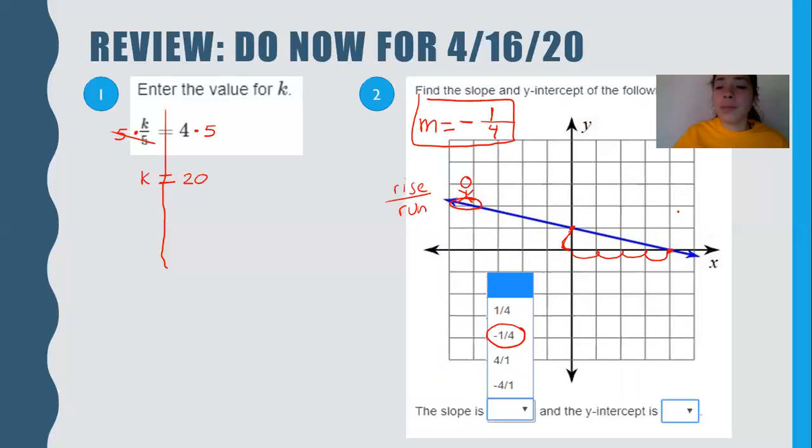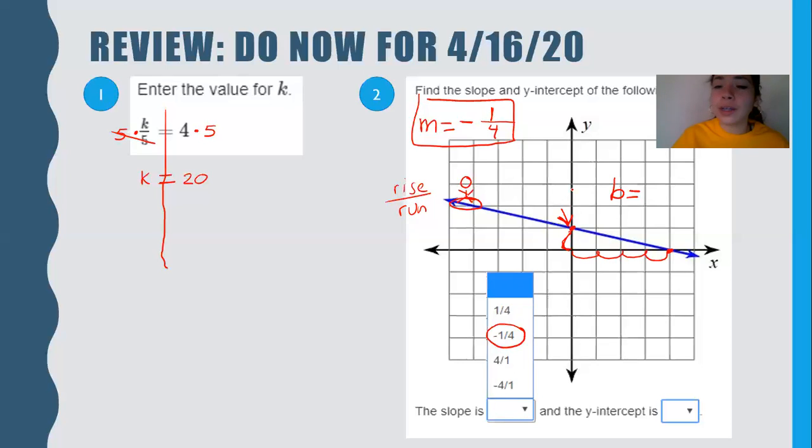Now, the next step would be to find your y-intercept. Your y-intercept is written as b is equal to, and then your answer. A y-intercept is where this blue line crosses the y-axis. So it crosses it right here. What number is that on the graph?